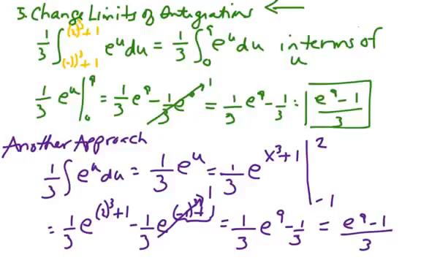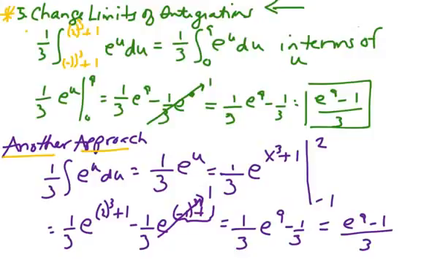But for now, I want you to take the approach of changing the limits of integration when you evaluate a definite integral using the substitution rule. I want you to get used to that approach. But know that, if you run into trouble, you can try continuing and back substituting in for u and evaluating the integral with the limits of integration of x.